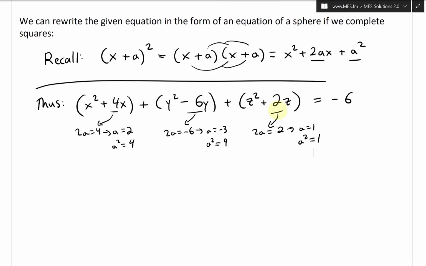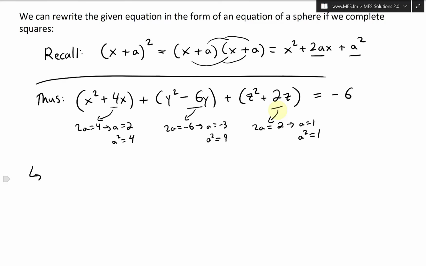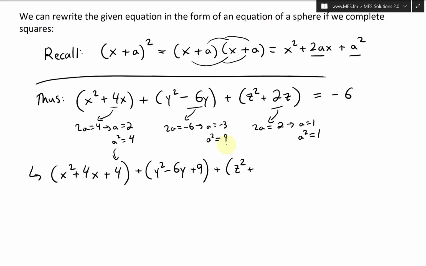So we get x squared plus 4x plus 4, next is y squared minus 6y plus 9, and then z squared plus 2z plus 1, and on the right side is negative 6.